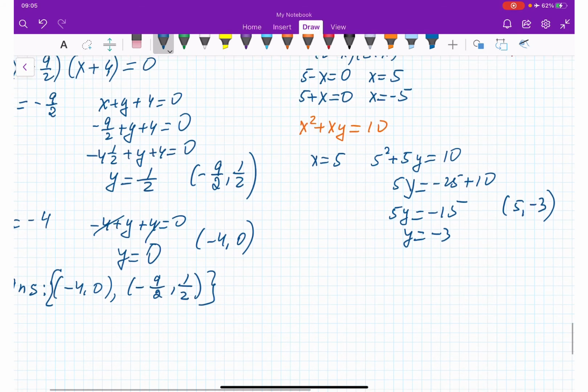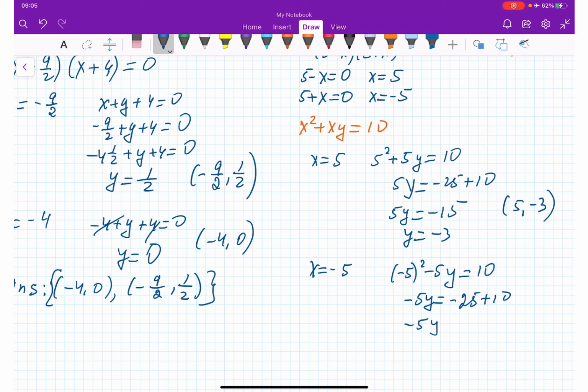Second one, x is equal to negative 5, where we have negative 5 squared plus negative 5y, it's equal to 10, right? So negative 5y is equal to negative 25 plus 10.